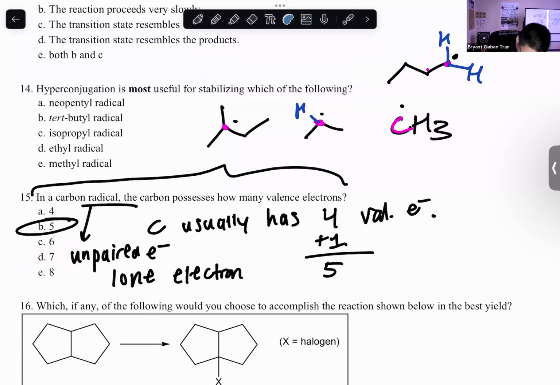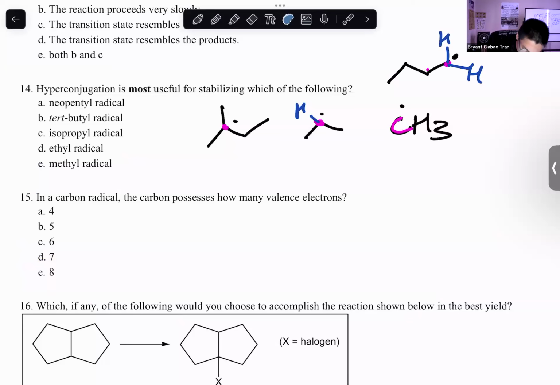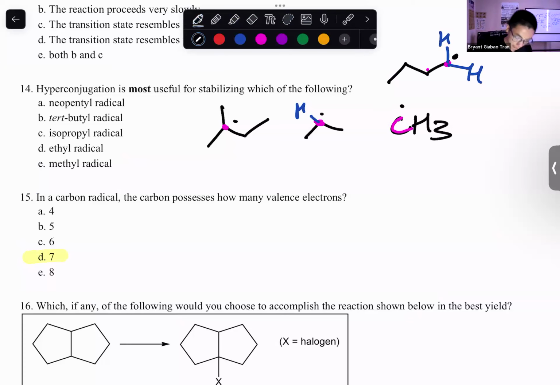Ignore all this, except the top part. The top part is what I drew out and it is correct. So you know how when we make bonds, atoms want to have an octet, like 8 electrons, right?